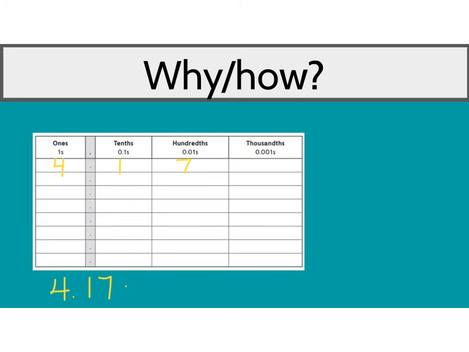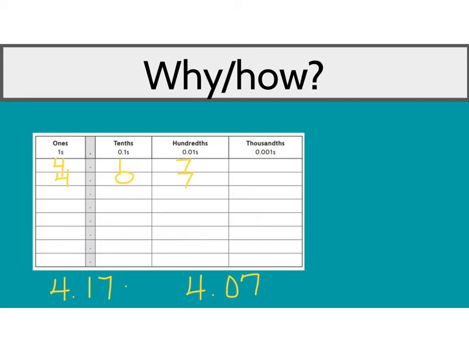And let's say that I was trying to compare that to the decimal 4 and 7 hundredths. So again, we're going to write a 4 in the ones place, a 0 in the tenths place, and a 7 in the hundredths place.